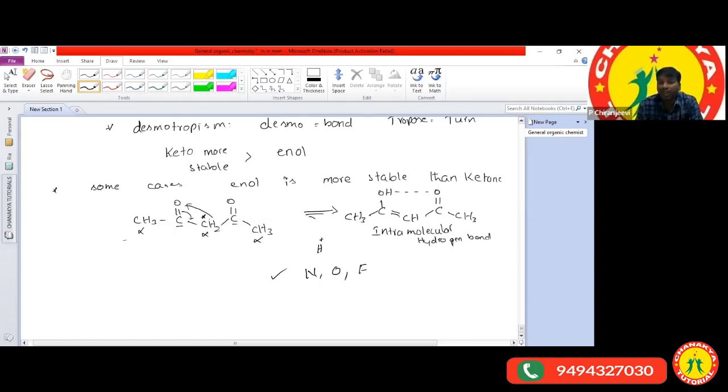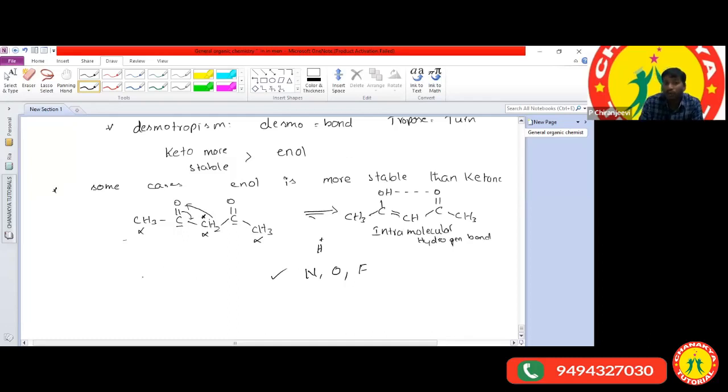And we have two types of hydrogen bonds: intramolecular hydrogen bonding and intermolecular hydrogen bonding. If the hydrogen bond is present within a molecule, it is called an intramolecular hydrogen bond. If the hydrogen bond is present between two different molecules, it is an intermolecular hydrogen bond.